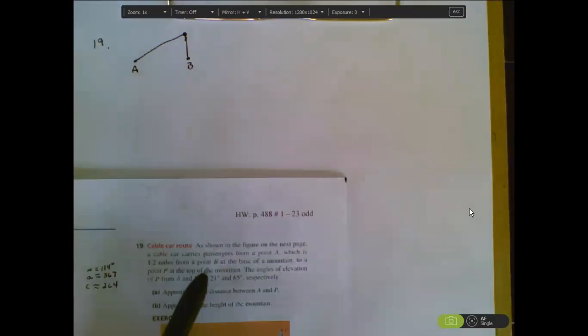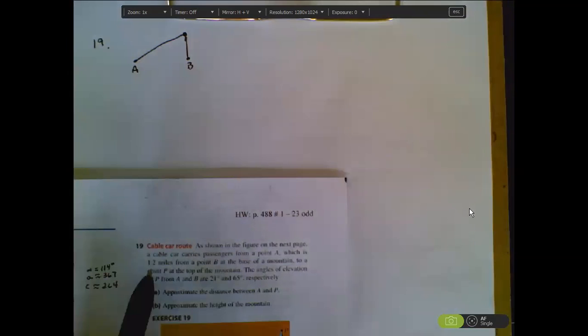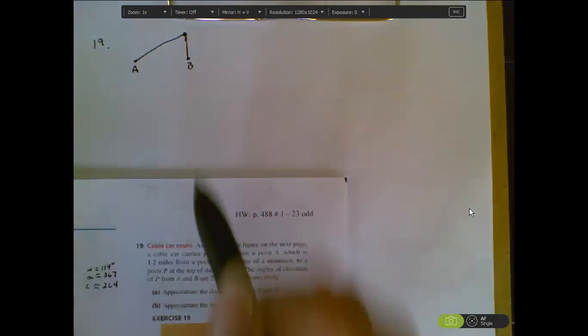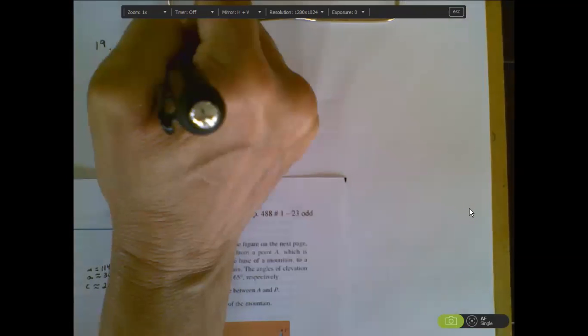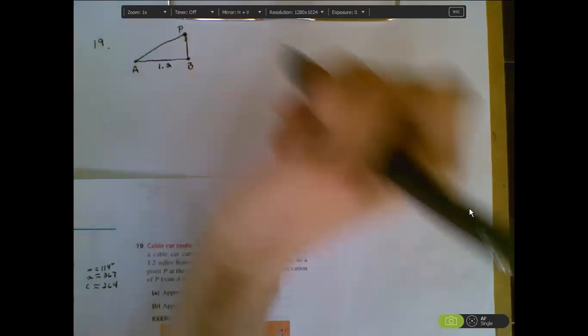And let's see, cable car carries passengers from point A, which is 1.2 miles from point B, at the base of a mountain to a point P at the top of the mountain. Now, Miss Kelsey, did your picture look like that so far? Yes. Okay.